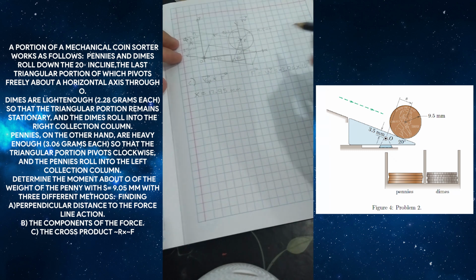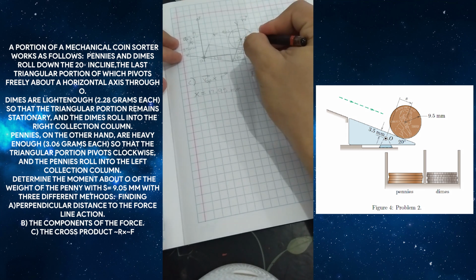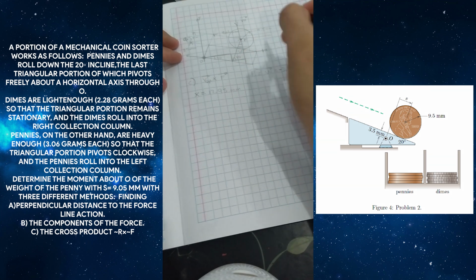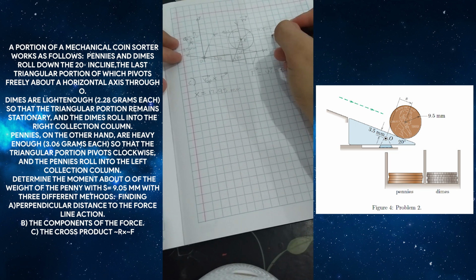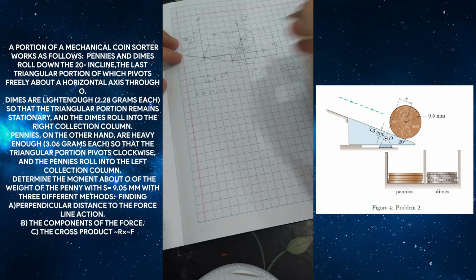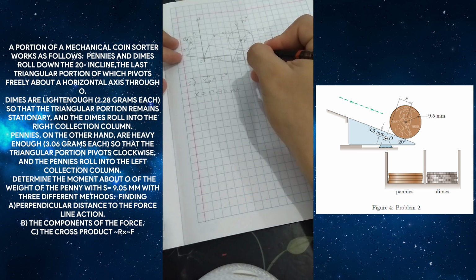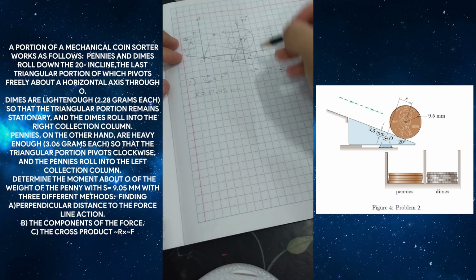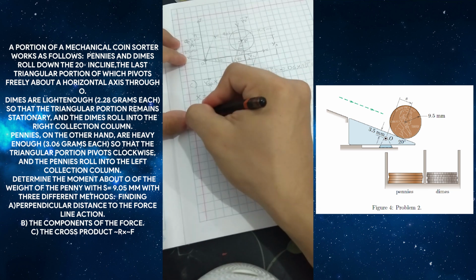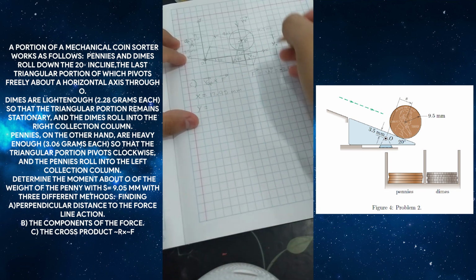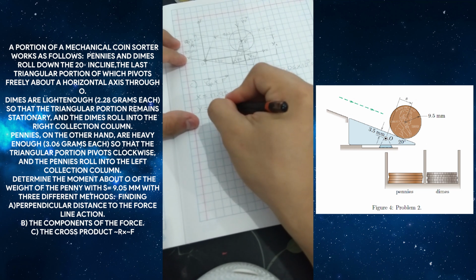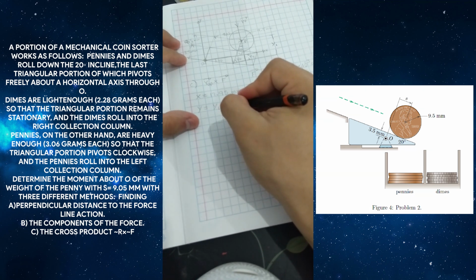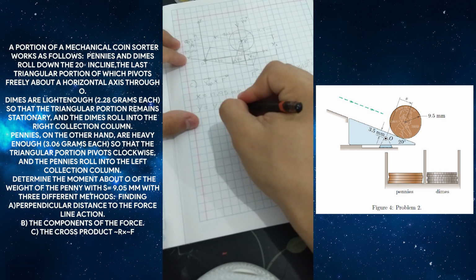I'm going to call this whole part y1, and this short part I'm going to call y2. So the y that I need is y1 minus y2.